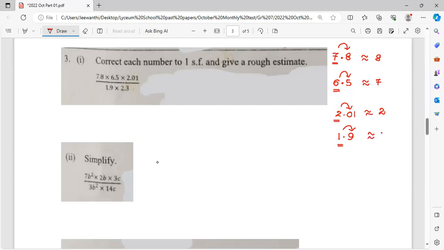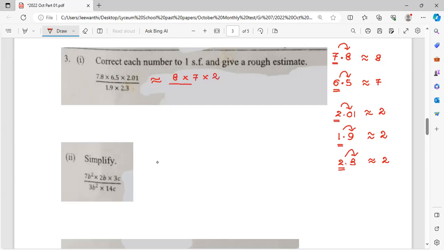So then this becomes 2. So then 2.3 becomes 2.